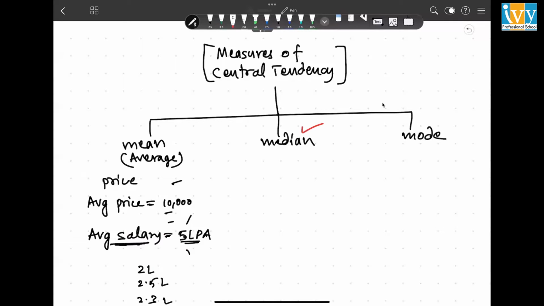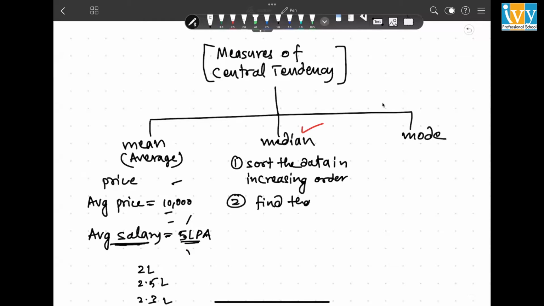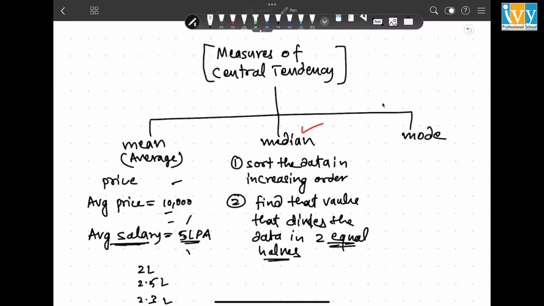Median. Median is the true central tendency, because the steps involved are, first step, sort the data in increasing order, and find the value that divides it into two equal halves.